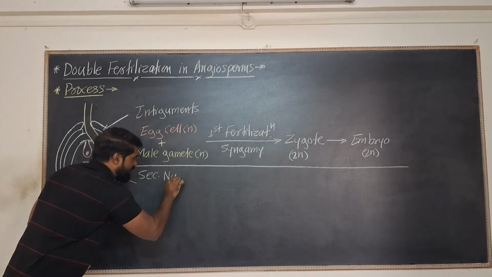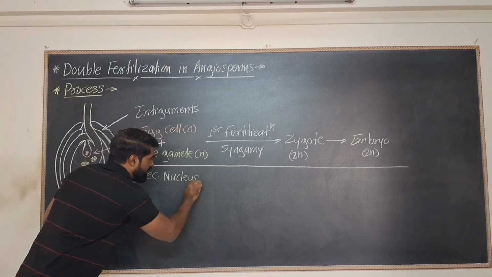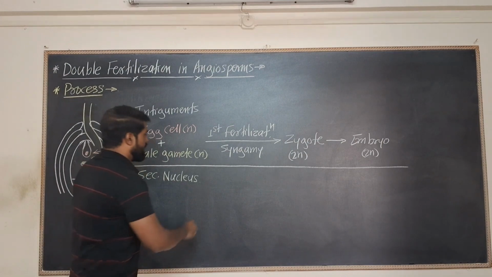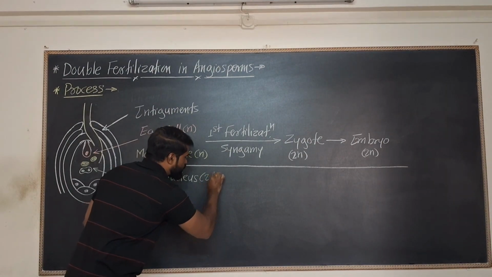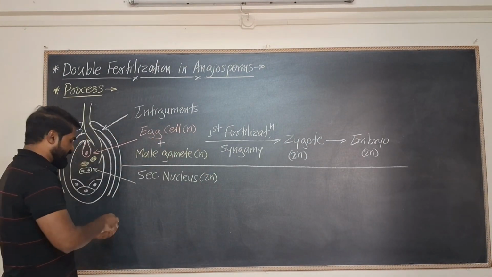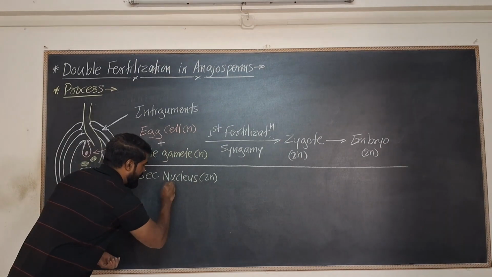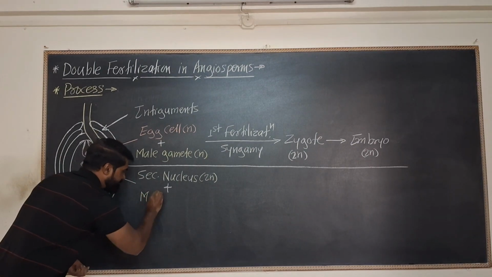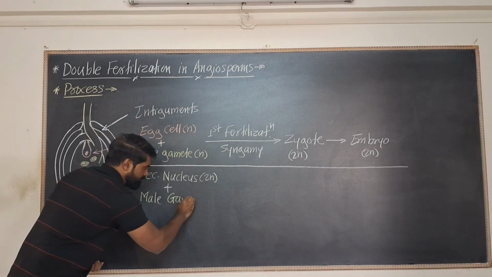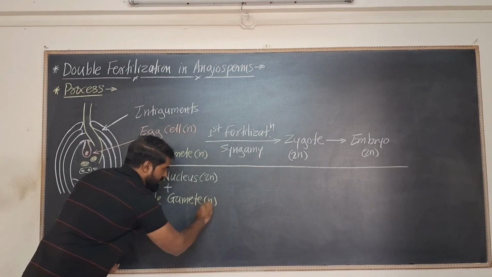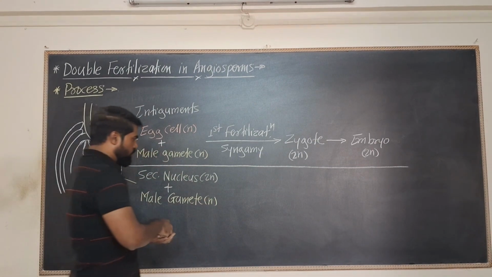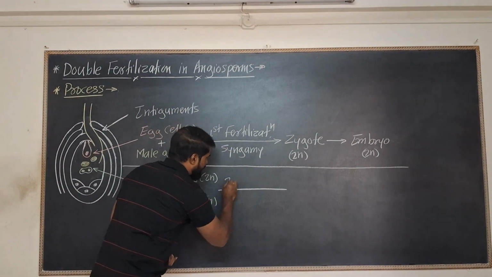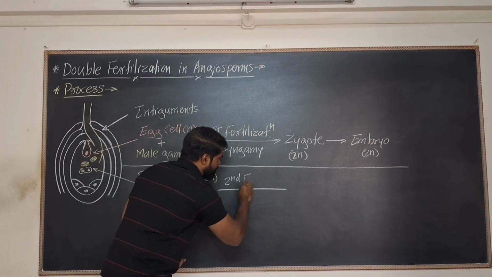Here secondary nucleus carries two haploid nuclei, therefore it is diploid structure. This diploid secondary nucleus gets united with the remaining male gamete. It is haploid one.